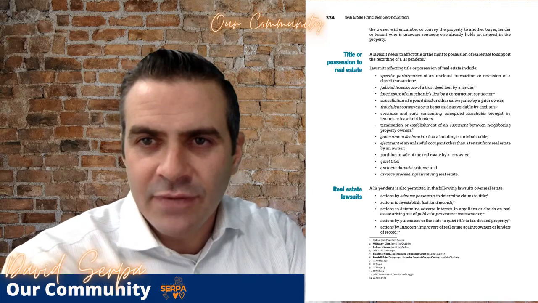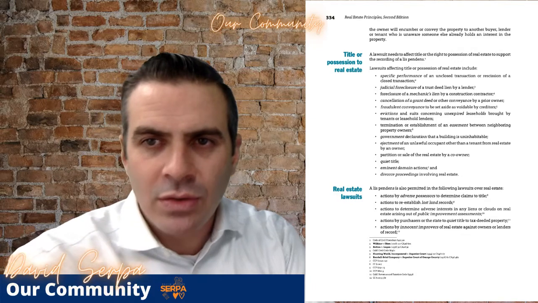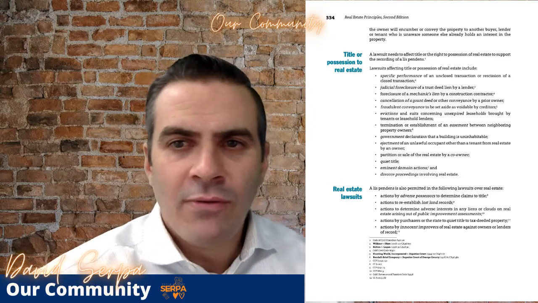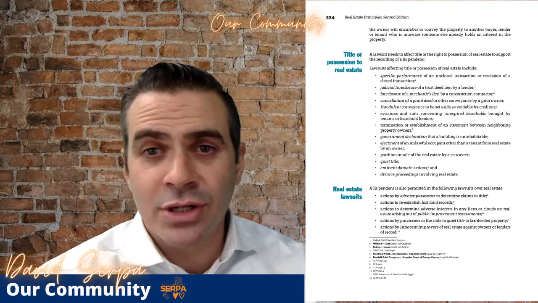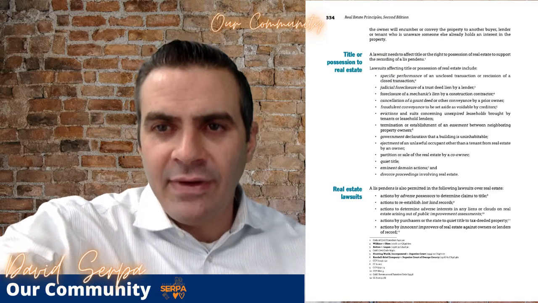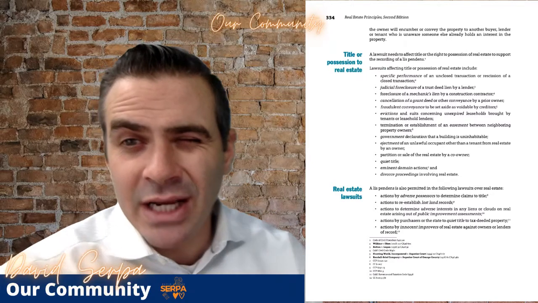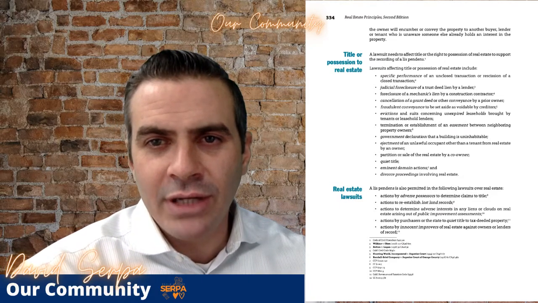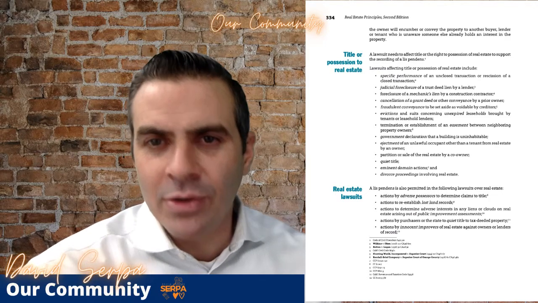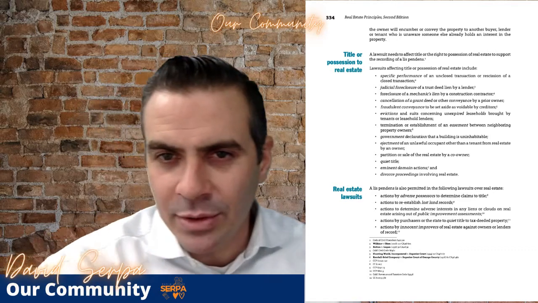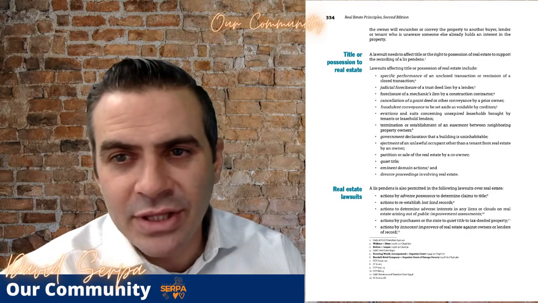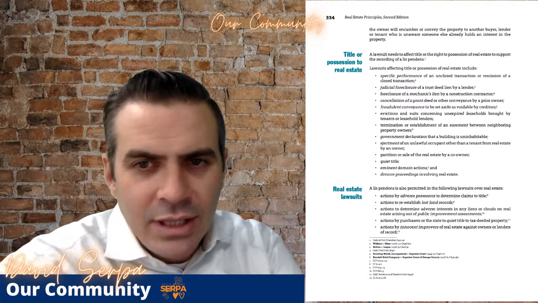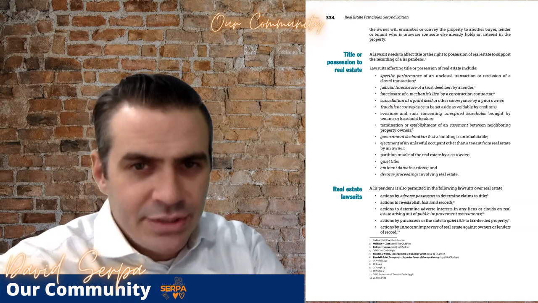Lawsuits affecting the title or possession of real estate include specific performance of an unclosed transaction or rescission of a closed transaction, judicial foreclosure of a trust deed lien by a lender, foreclosure of a mechanic's lien by a construction contractor, cancellation of a grant deed or other conveyance by a prior owner, fraudulent conveyance to be set aside as voidable by creditors, evictions and suits concerning unexpired leaseholds brought by tenants or leasehold lenders, termination or establishment of an easement between neighboring property owners, government declaration that a building is uninhabitable, ejectment of an unlawful occupant other than a tenant from real estate by an owner, partition or sale of the real estate by a co-owner, quiet title, eminent domain actions, and divorce proceedings involving real estate.